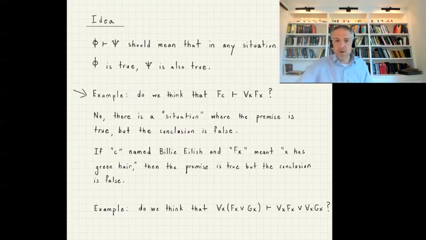Well, the symbol capital F is a predicate symbol, but right now it's uninterpreted. It has no meaning. So to think of a situation is to give the symbols meaning. The question is, can we give the symbols, capital F and lowercase c, meaning such that the premise is true and the conclusion is false?